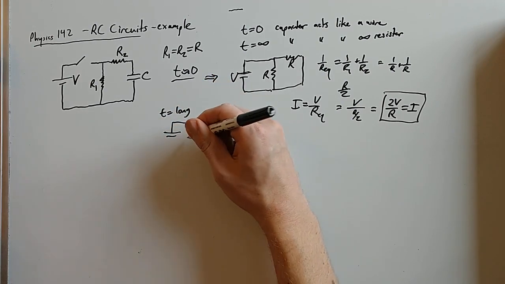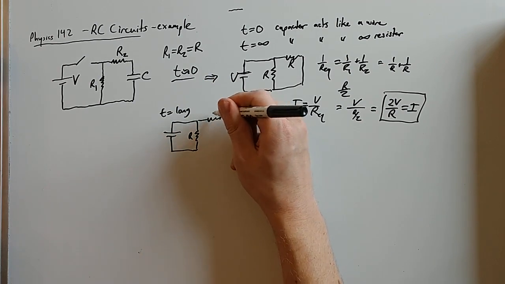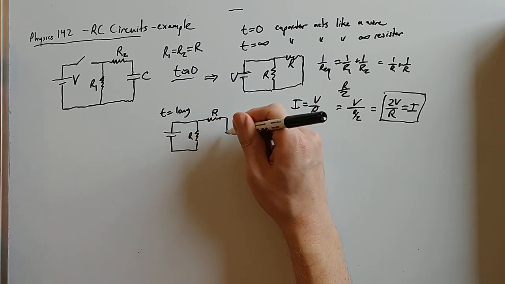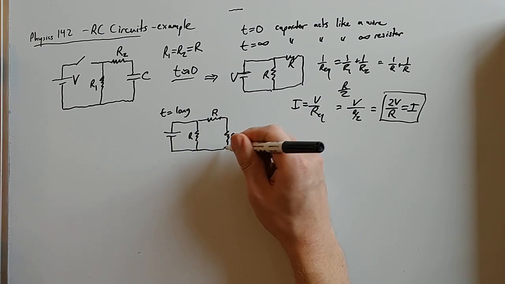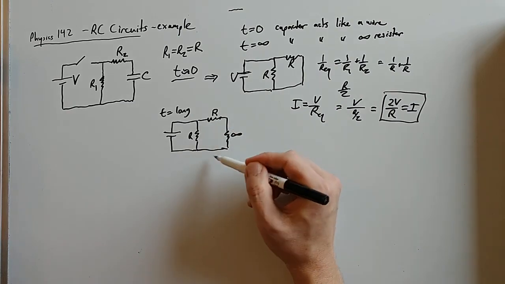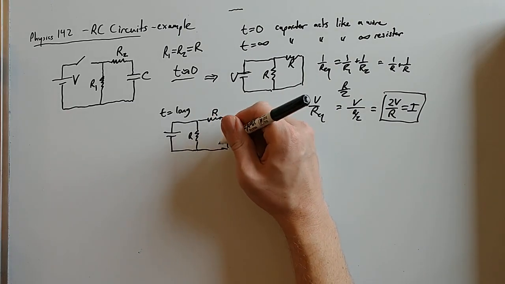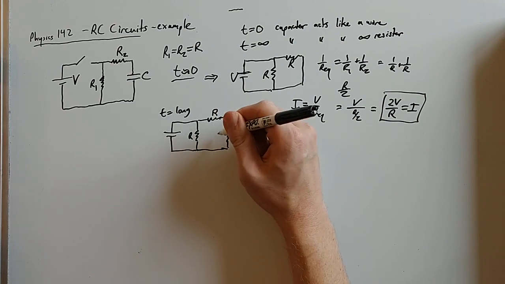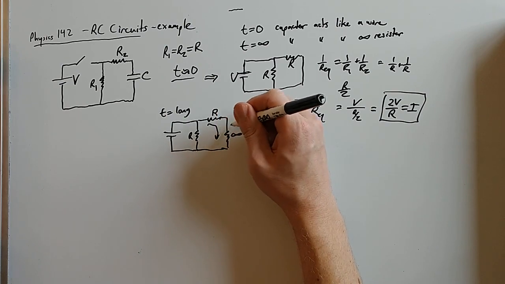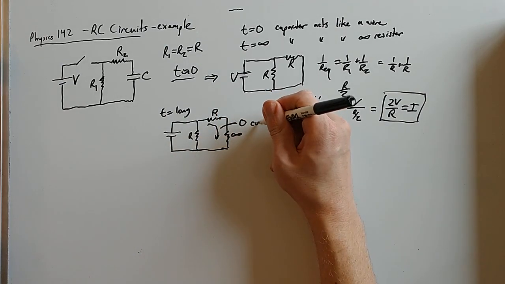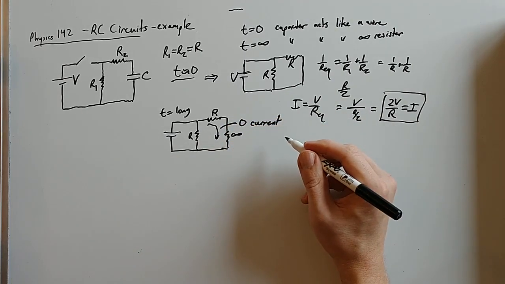Now we again have this resistor R, but now we also have resistor R, and that's going to be coupled with the capacitor, which is acting like an infinite resistor. And so what's going on here? Well, with an infinite resistor, no current wants to flow. So if we tried to think about the current flowing here, we have essentially 0 current, because an infinite resistor won't let any current flow.